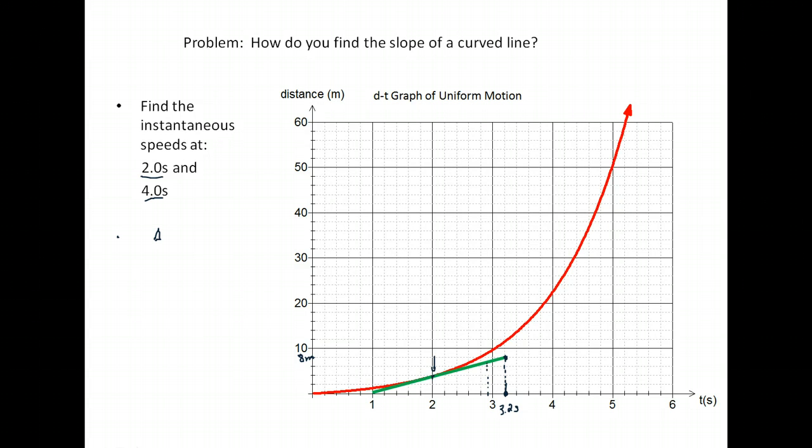So your instantaneous velocity is your change in distance over your change in time. So your d2 subtract d1 over t2 subtract t1. So my ending distance here is 8 meters. And if I just went down and I look across, the distance I'm reading here is 0. And the ending time is 3.2 seconds.